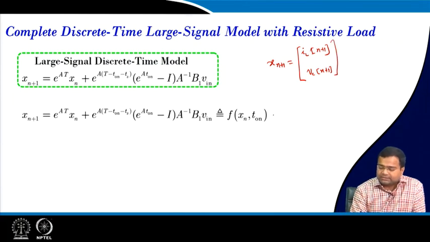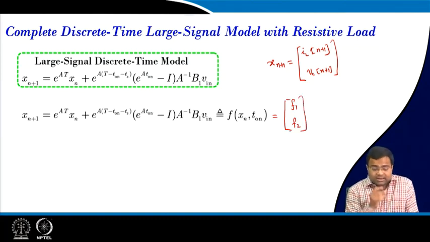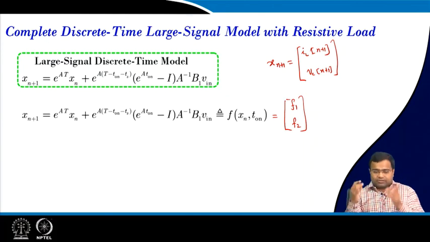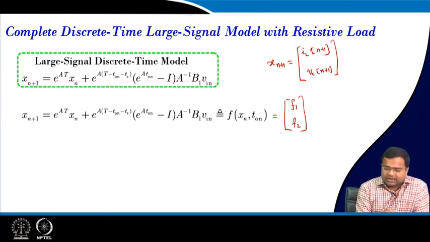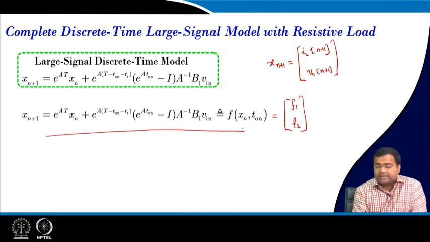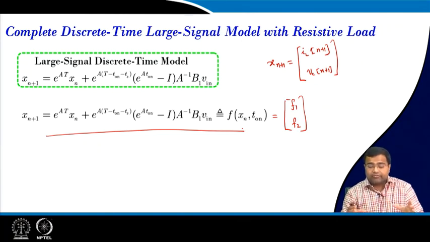So, naturally this will be a vector consisting of F1 and F2. Why are we writing it? Because we want to show that the large signal model can be used to derive the discrete time small signal model using the Jacobian approach. Right now I am just representing this in the complete vector form.